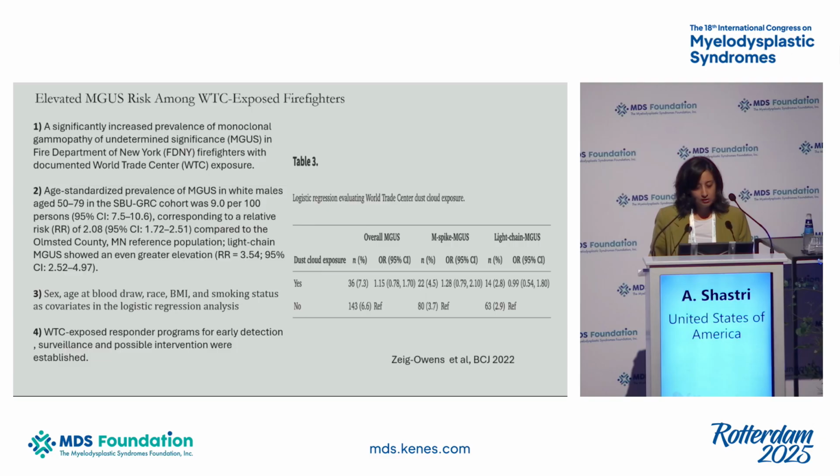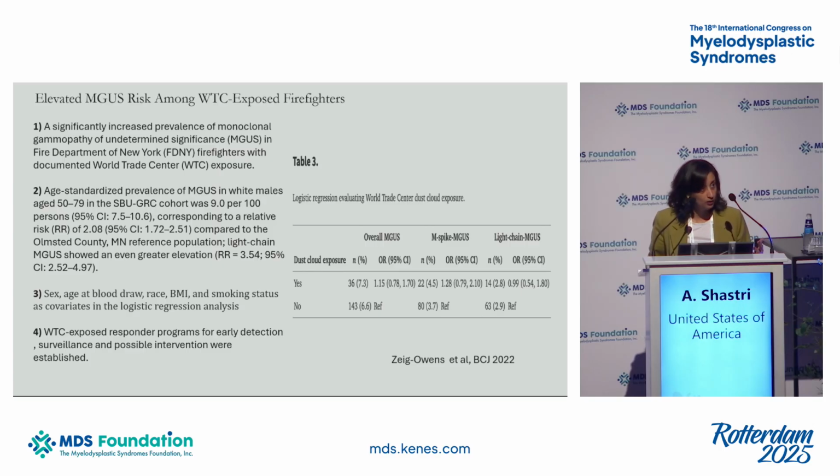So the first real clue that there could be some environmental exposures that lead to pre-malignant conditions came from the work of Dr. Rachel Zieg-Owens and collaborators at my institution, Mount Sinai, which showed that the precursor condition to multiple myeloma, called monoclonal gammopathy of undetermined significance, or MGUS, was actually upregulated in the FDNY firefighters that were exposed to the World Trade Center tragedy.